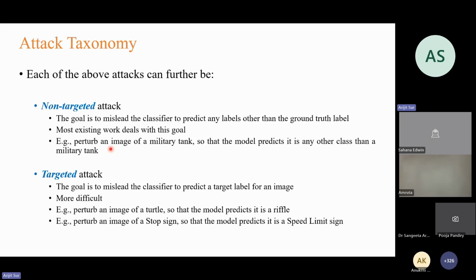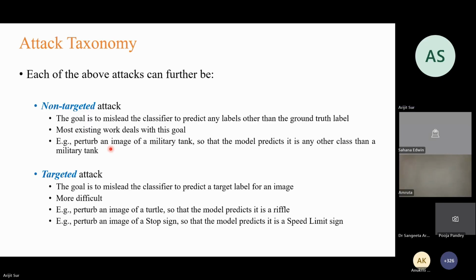Non-targeted means the goal is to mislead the classifier to predict any label other than the ground truth label. Say there is a classifier trained on cat images: when given a cat image, it says it's a cat, and for any other image, it says non-cat. If we inject adversarial perturbation or noise in such a way that even when a cat image is given, the model says it is a non-cat image, but it is not specified what the image is, this is called non-targeted. Most existing work deals with this, because it's easy.